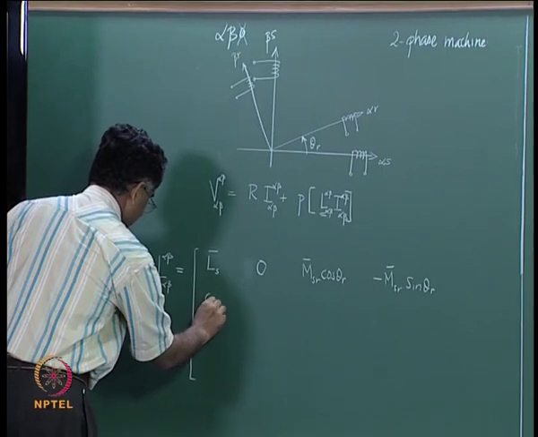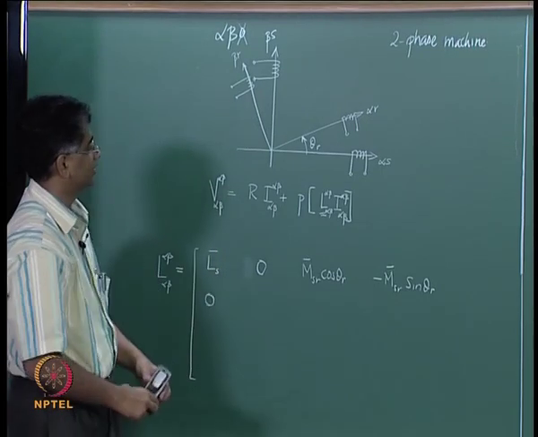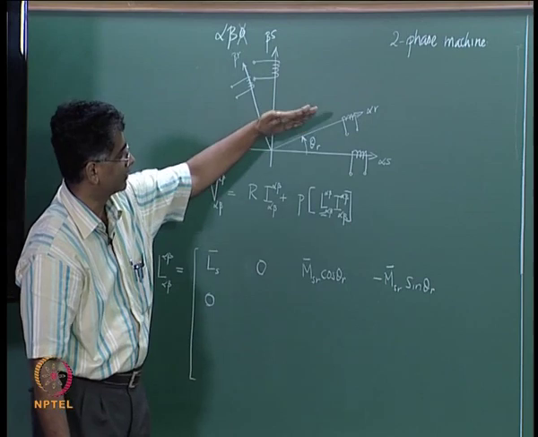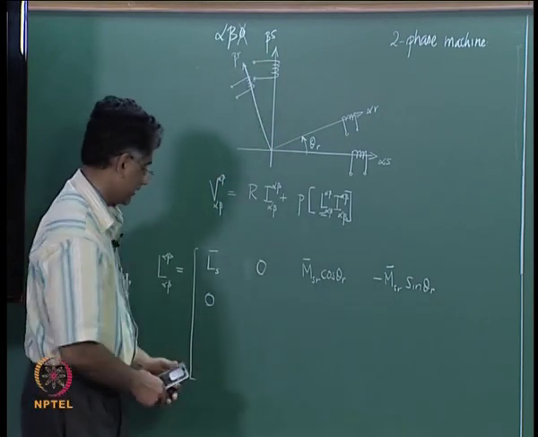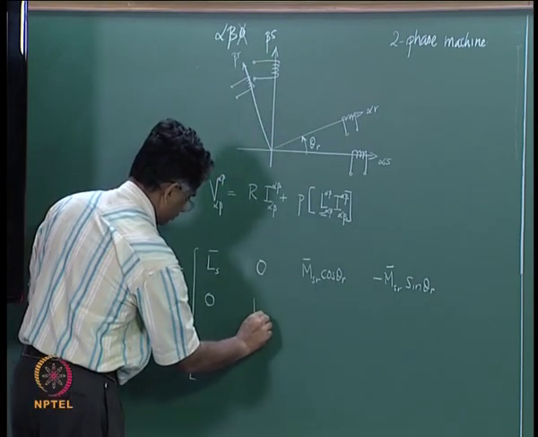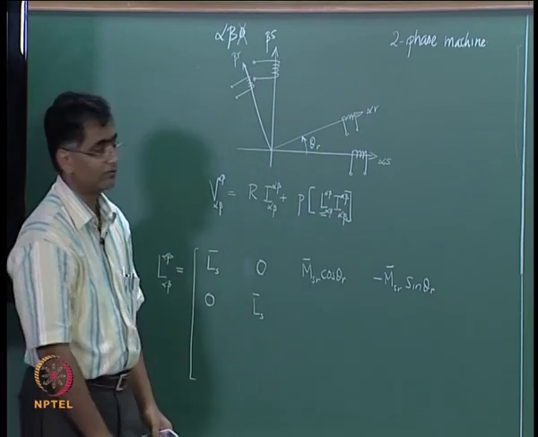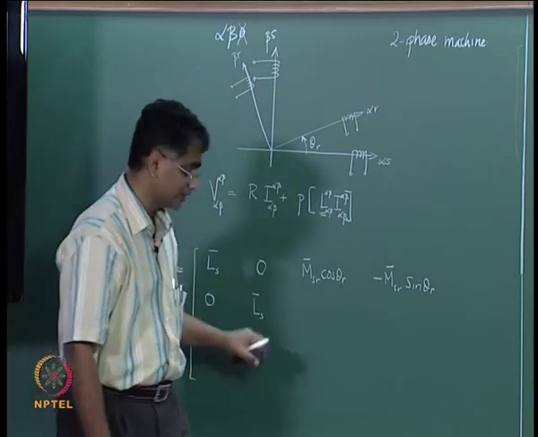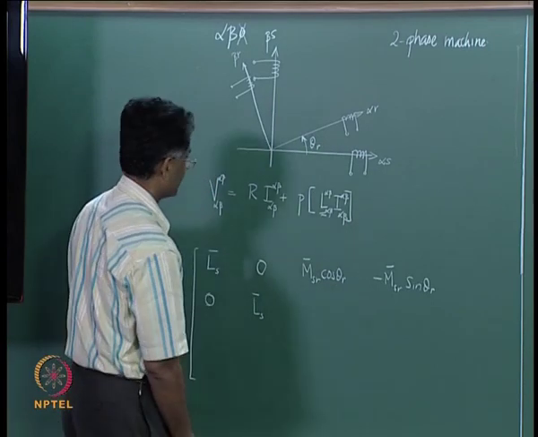And the second row would then represent the flux linkages or the inductance of the beta s axis, and since the two coils are identical on the alpha s and beta s axis, the self inductance term is the same.